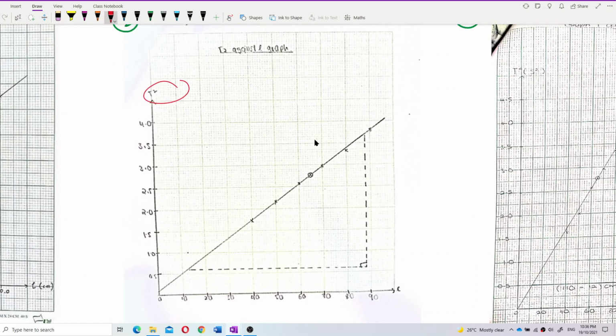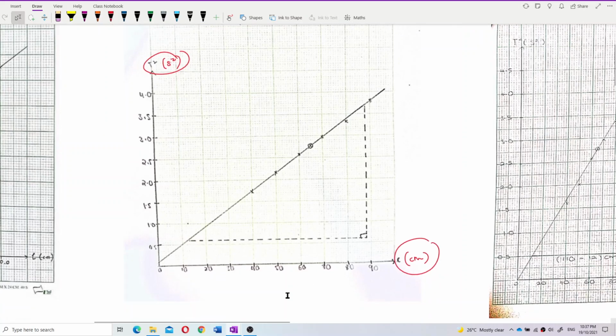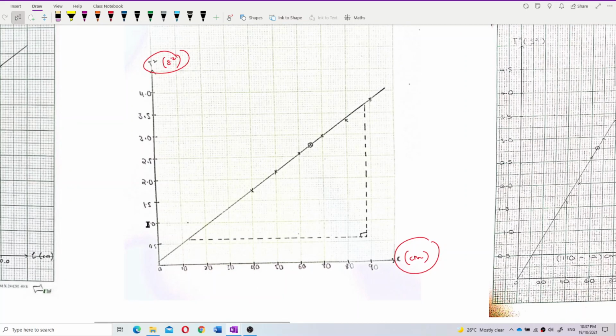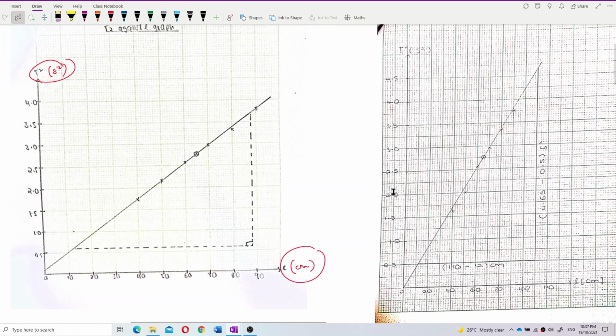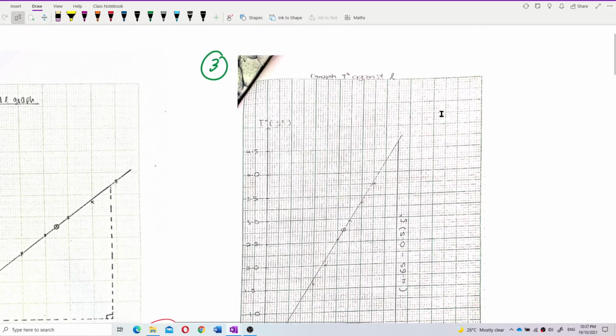Your axis, why no unit? Second square. This one is under centimeter, you use centimeter. No unit there. How can you have no unit? This one is centimeter. Wrong lah. Okay. How about this one? The next one.